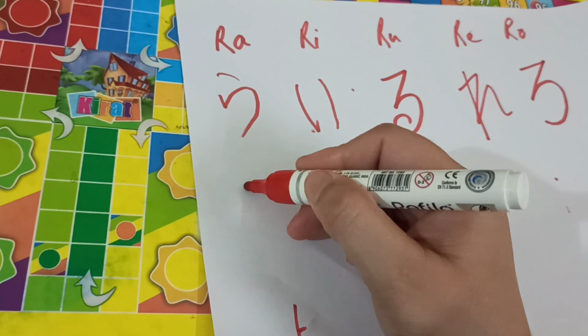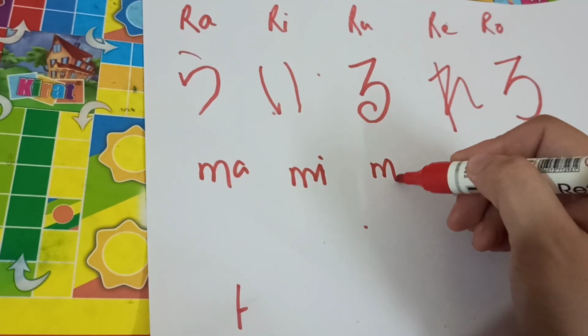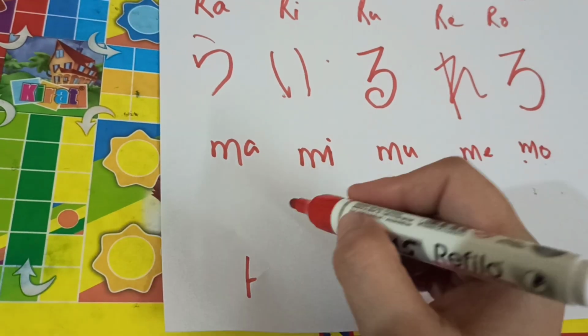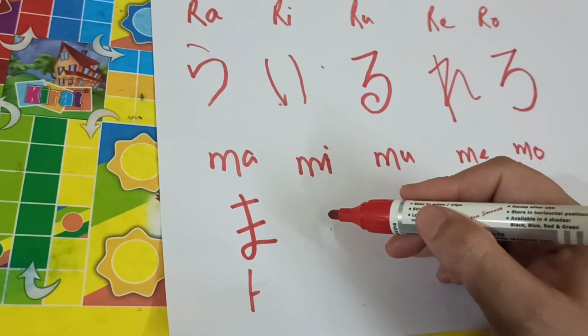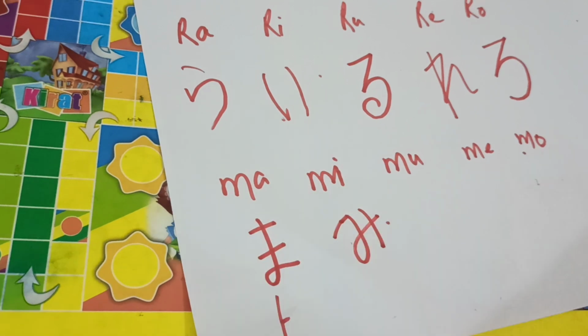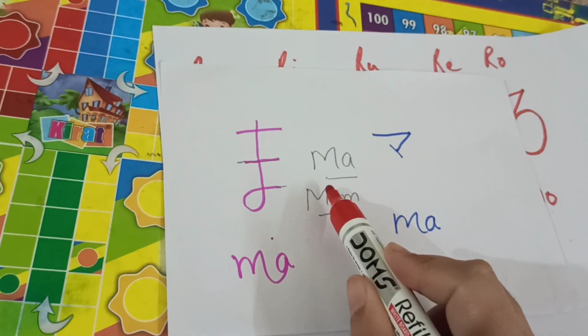Next one is ma, mi, mu, me and mo. Ma. Ma stands for ma, mom.